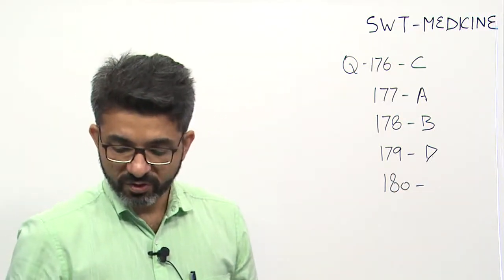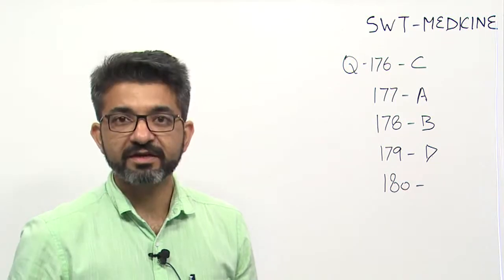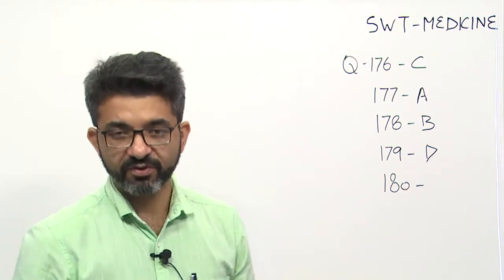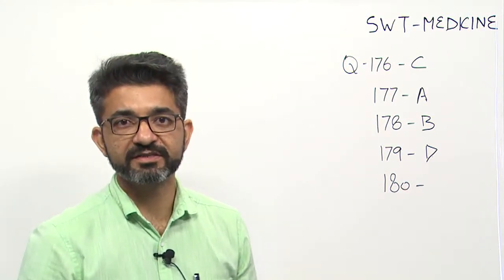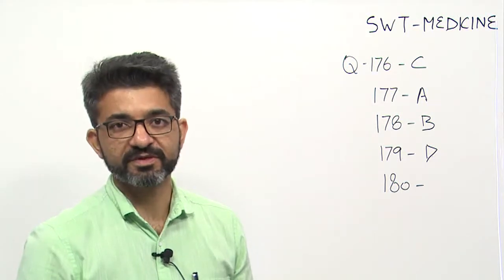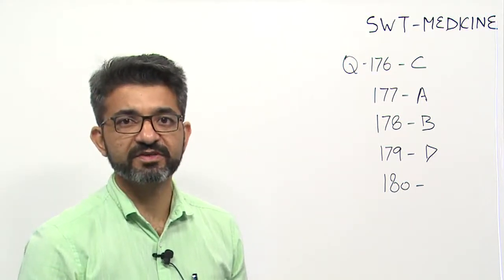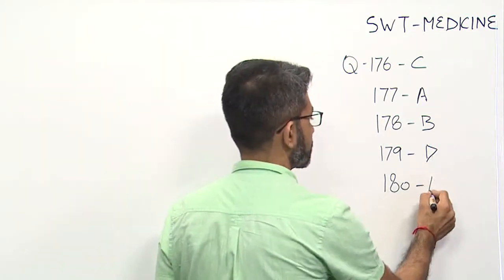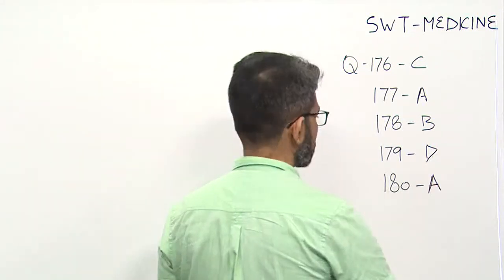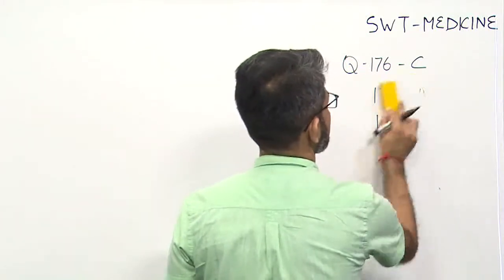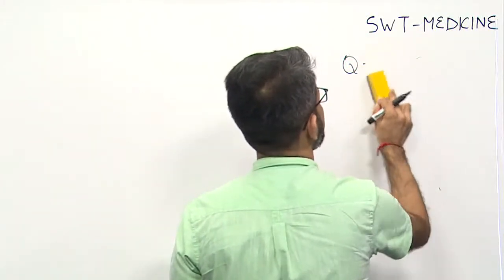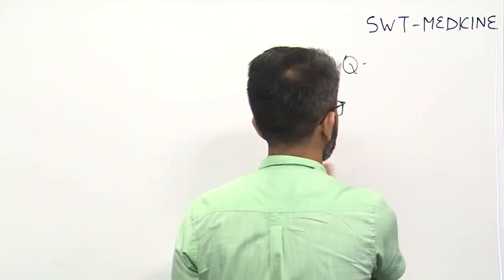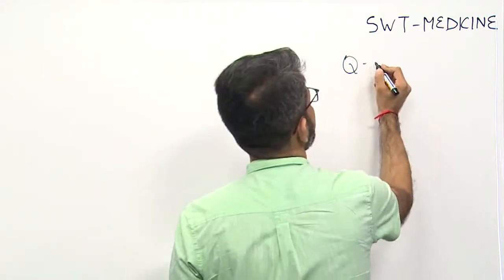Question number 180. Most common symptom of primary lung carcinoma. It is cough followed by chest pain, followed by dyspnea, followed by hemoptysis. So cough is the predominant feature of primary lung carcinoma. So answer is A. 181.